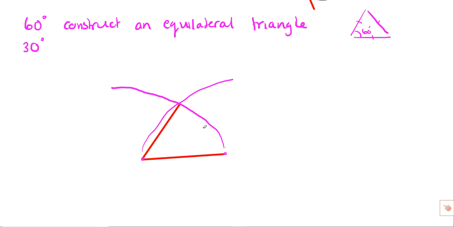So, you can now bisect that angle to give you 30 degrees. So just to run through it then, point here, put a little arc there, put my point over here, that will allow me to have an arc like that, point here, arc like that, and I can cut it through and bisect that. Okay?